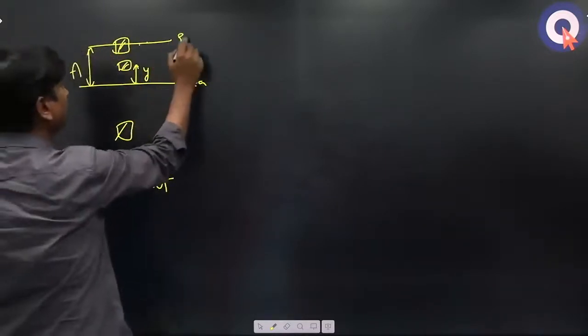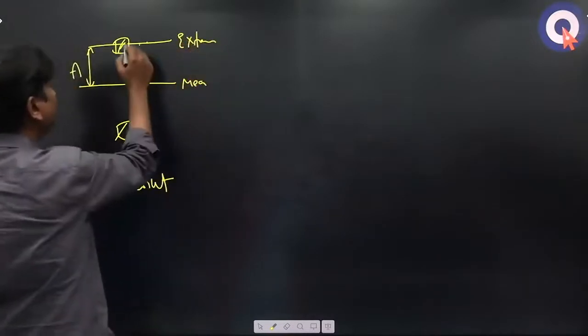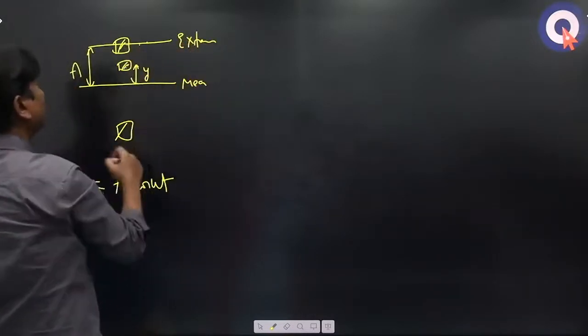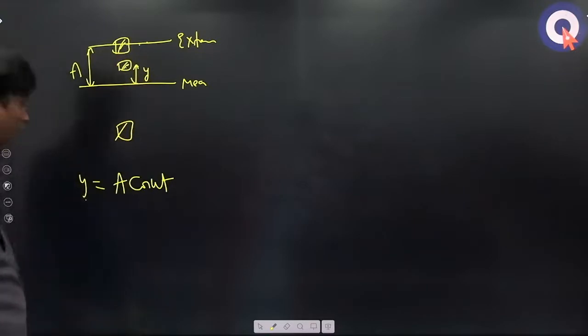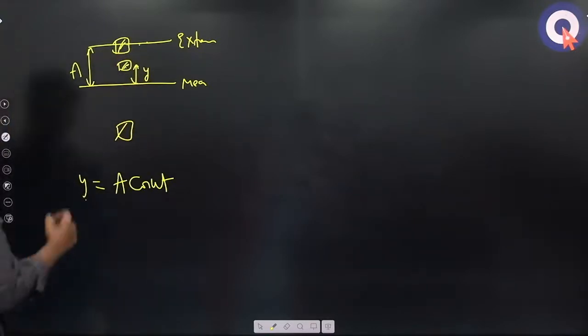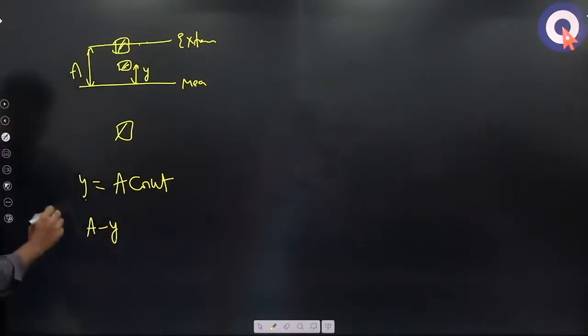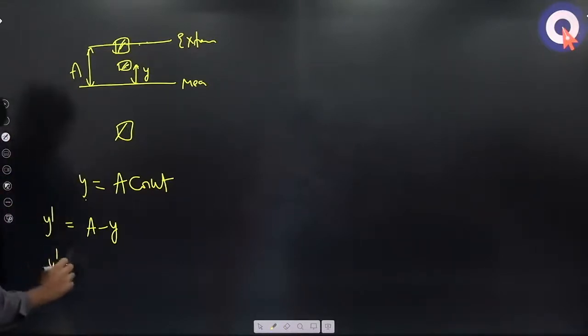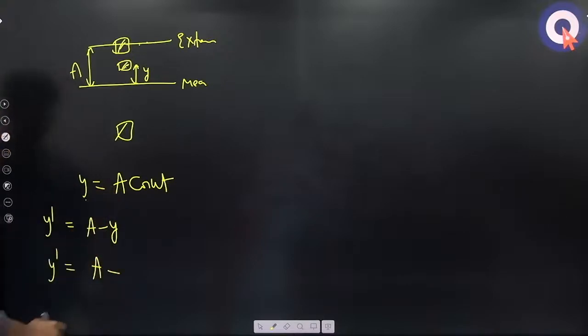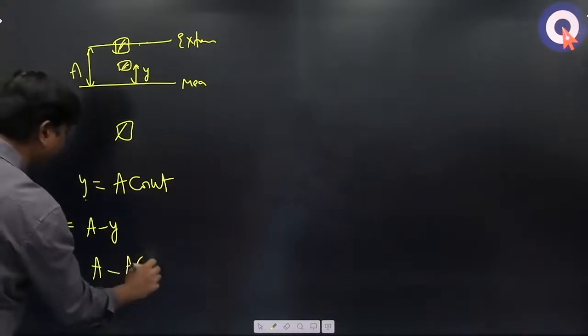It means A minus y, right? So from the extreme position, I will write A minus y as y dash. So this y dash is equal to A minus y, which is nothing but A cos omega t.